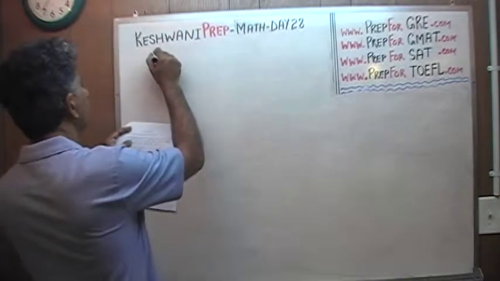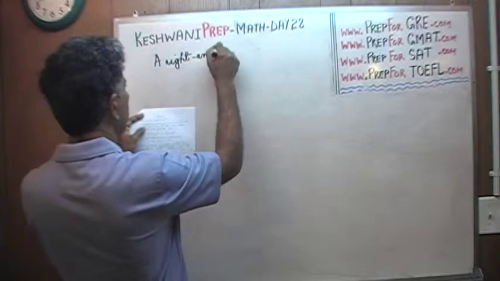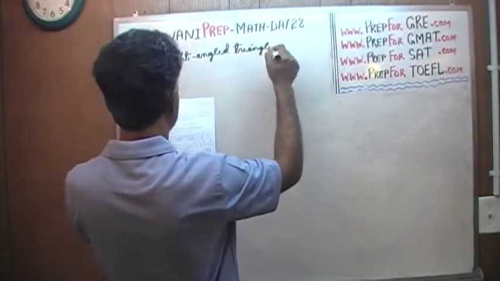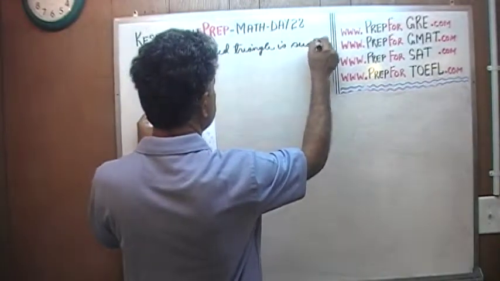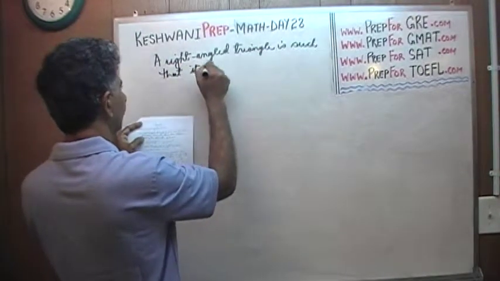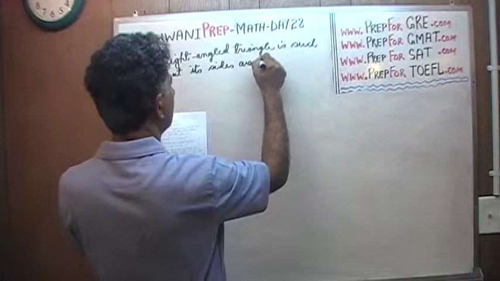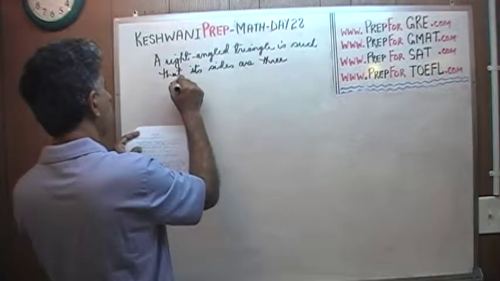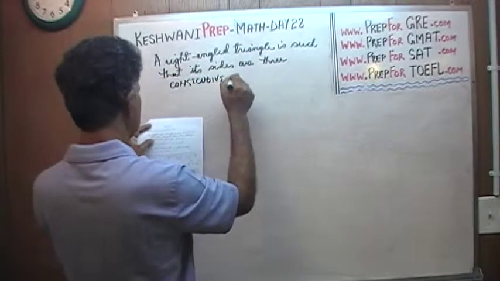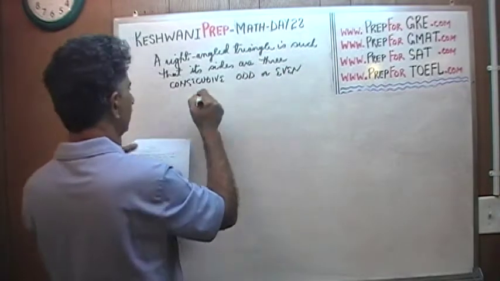Here's the problem. A right-angled triangle is such that its sides are 3 consecutive odd or even integers.